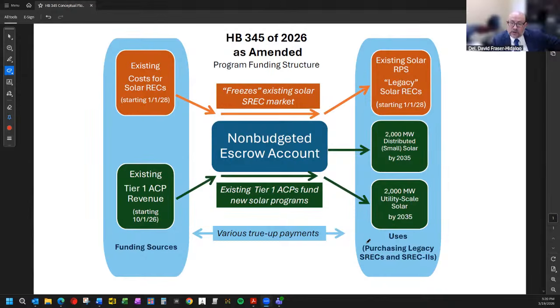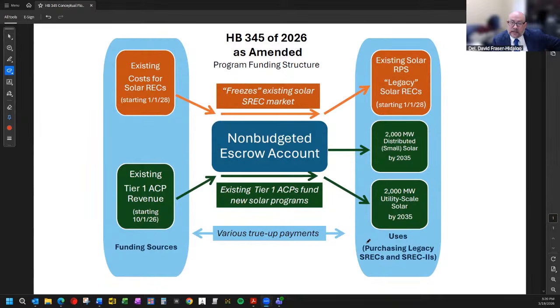So in a nutshell, and then I'm going to call on Delegate Morgan. In a nutshell, the bill sets up this escrow account, puts ACP money in the escrow account, also works on some utility scale and small distributed solar projects or procurements moving forward via the PSC, and also allows the PSC to make some micro adjustments to different kinds of RECs depending on who needs them, similar to what we did with 1532, and let the experts that know it do those particular pieces.